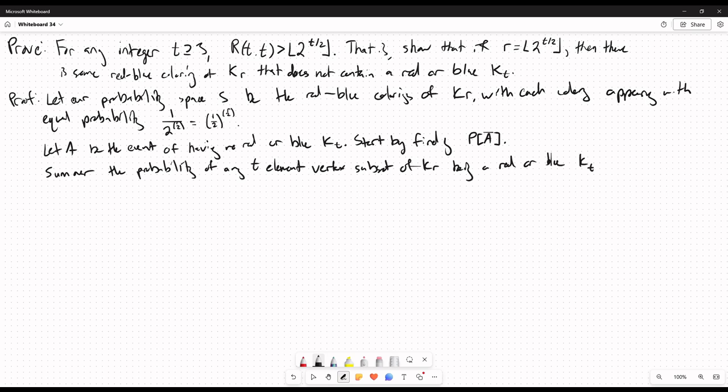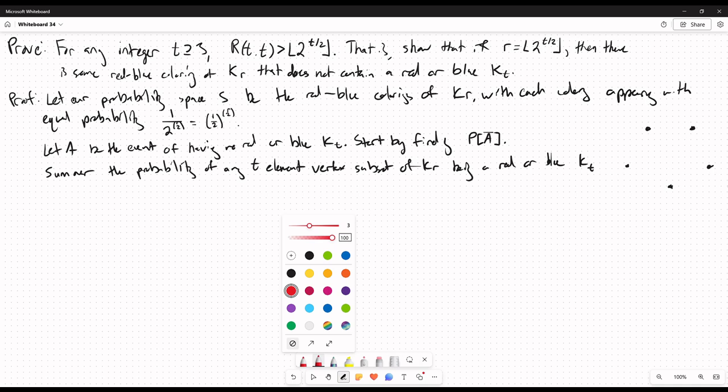So just for a simple example, even though we're going to be dealing with numbers much bigger than 5, let's say we're looking for t equals 3. Let's check the probability: is this a red or blue K3? Or is this a red or blue K3?